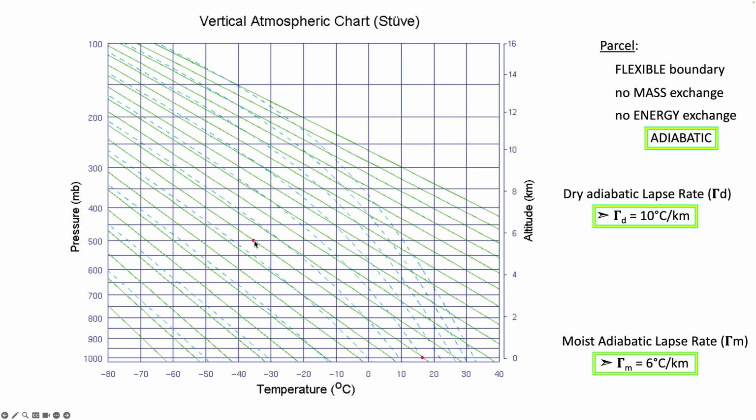And then you're going to have to figure out what the temperature of the parcel is. This dry parcel is at 500 millibars. Now remember, this is an XY diagram. So here's 500 millibars, this is the Y value. You go to the Y axis. In order to figure out the temperature, you drop down to the X axis, and that will give you your temperature at 500 millibars inside of this dry parcel.